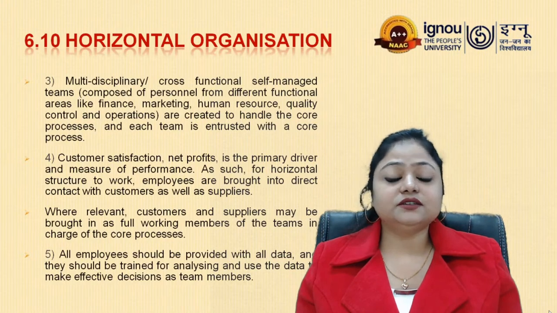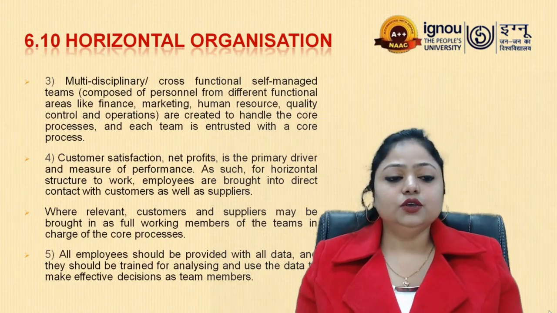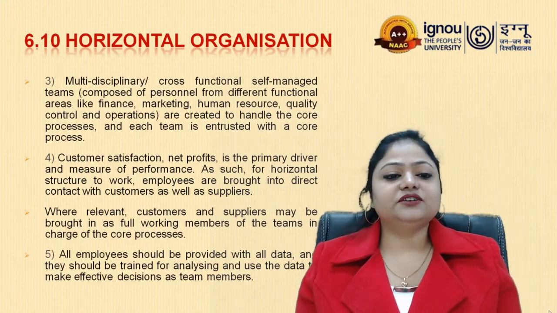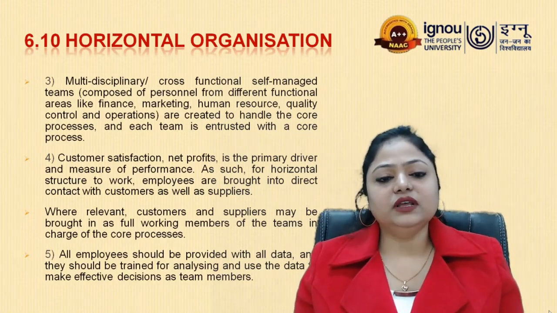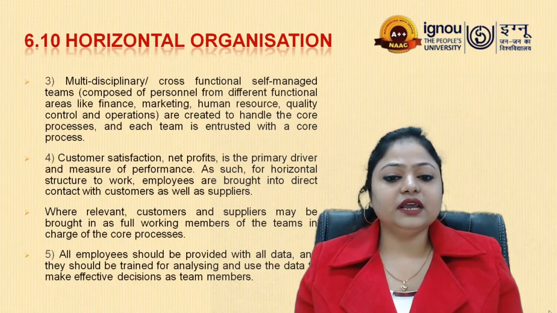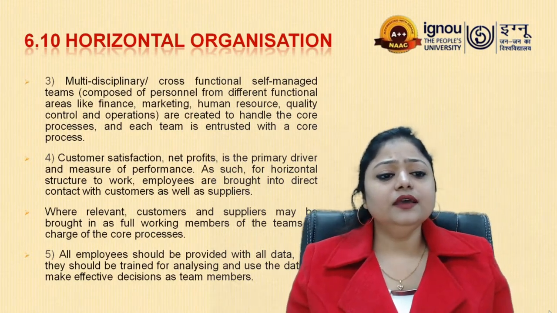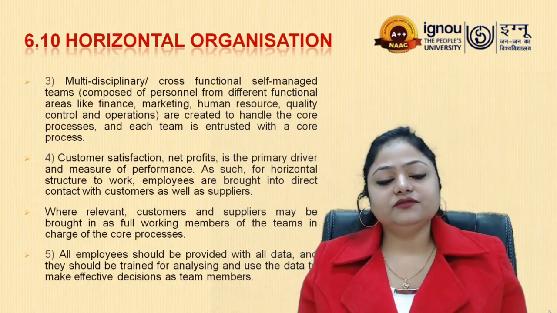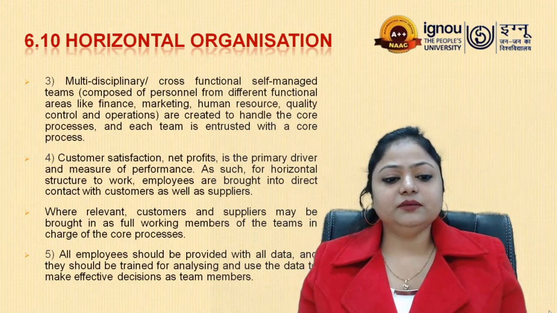Each team is entrusted with a core process. Customer satisfaction and net profit are the primary drivers and measures of performance in a horizontal type of organization. Relevant customers and suppliers may be brought in as full working members of the team in charge of the core processes.